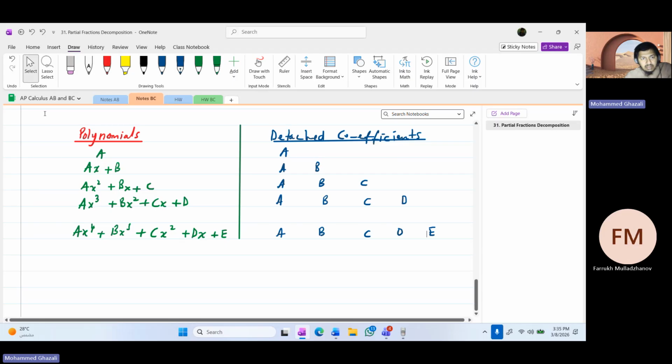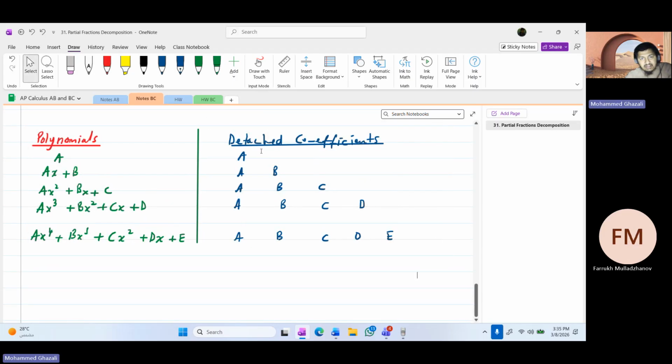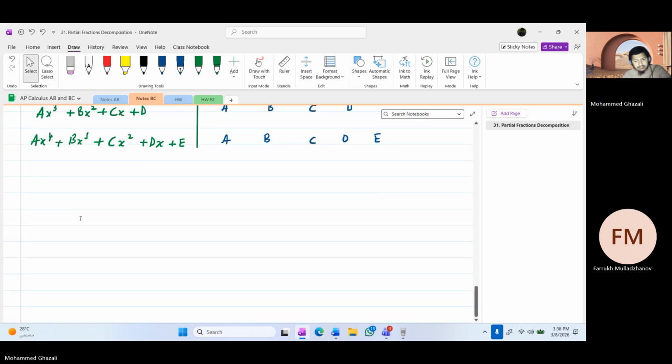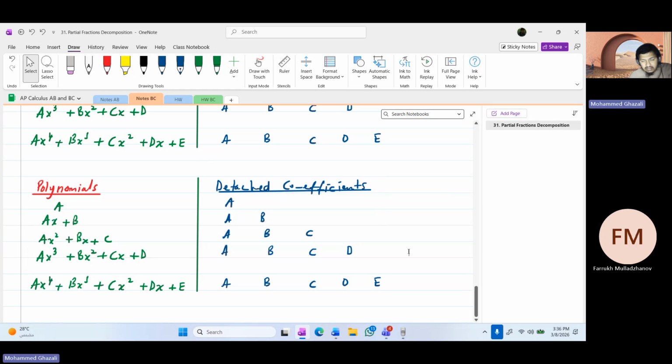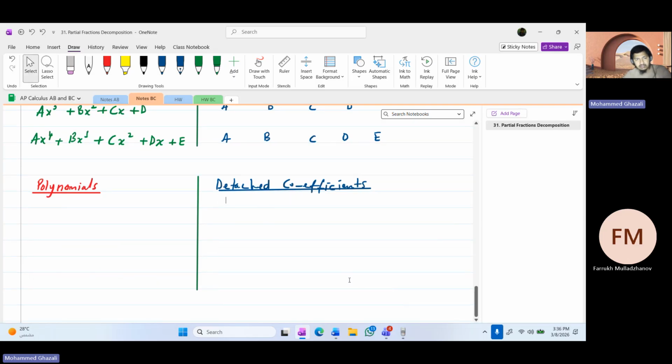Now, a simple example. Let me give you another example with actual values, and I want you to detach the coefficients and tell me what those are. So take a similar table, and I'm going to remove all this and put realistic examples. First, x squared minus 5x plus 3.